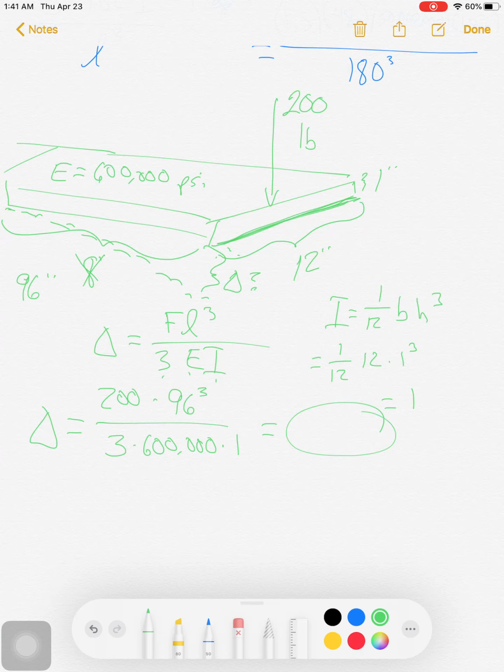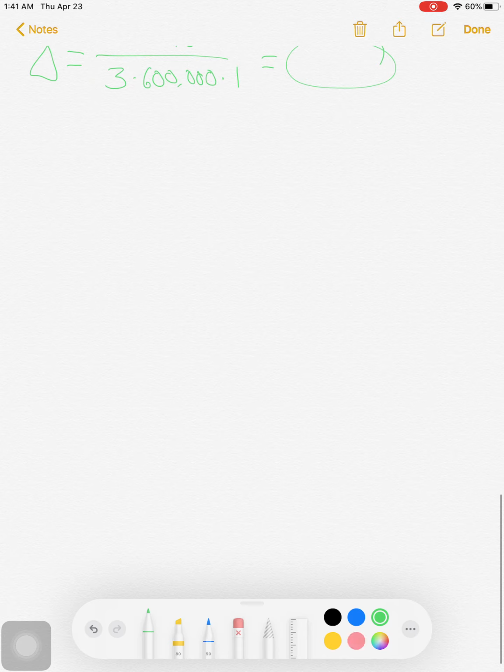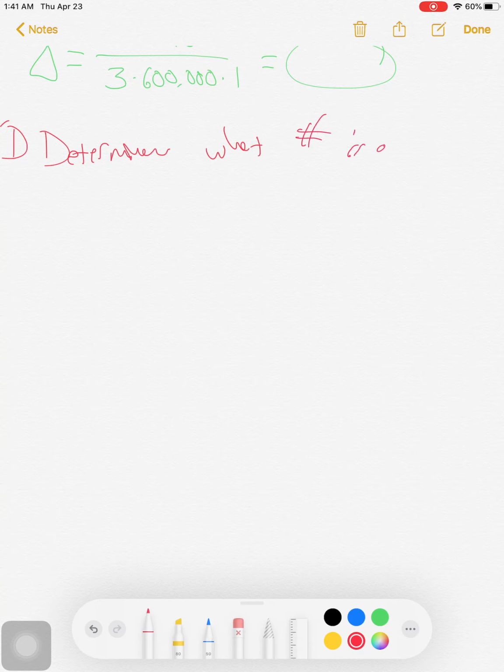So basically, all these problems are going to follow the same kind of pattern. First, determine what number is on the bottom. So it's going to be 48, the beam's held at both ends, or is it going to be 3, where the beam is just held on one end? All right, so figure out what that is.